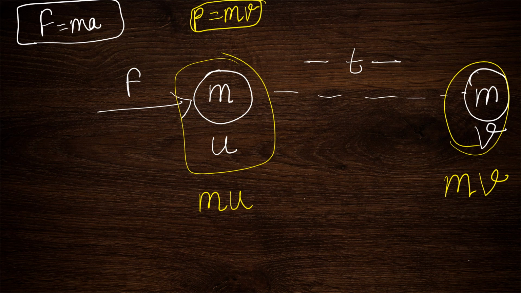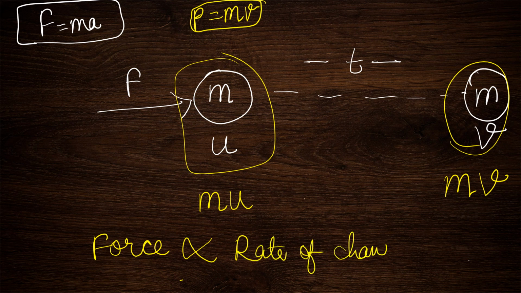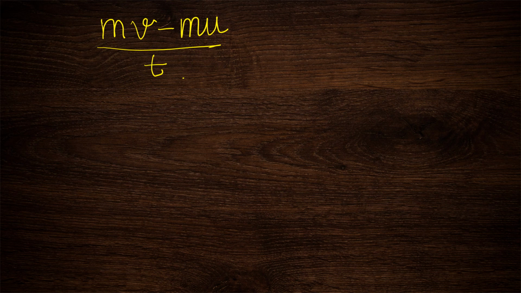Now, in Newton's second law of motion, Newton declared that force is directly proportional to the rate of change of momentum. So according to Newton's second law of motion, as we discussed earlier, the rate of change of momentum will be mv minus mu upon time taken, right?